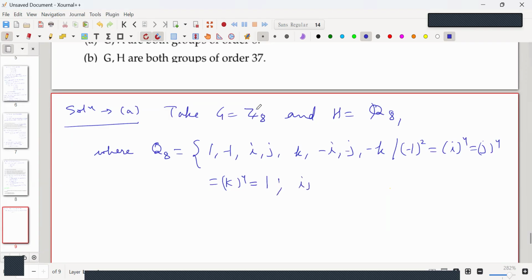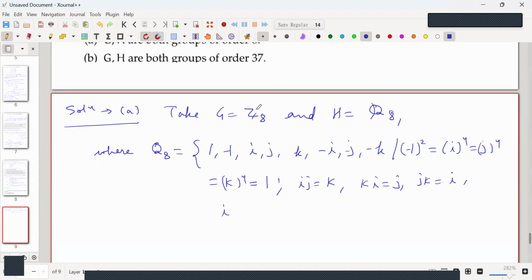You have ij equal to k, then ki equal to j, and jk equal to i.